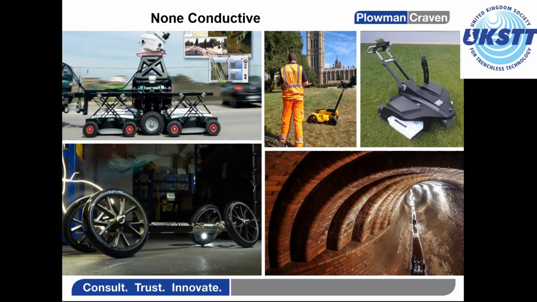Finally, in the bottom left, Plowman Craven are one of 4 companies within the UK that can offer the gyroscopic reduct system. This service omits the need to enter a sewer and traverse in traditional methods. We've carried out surveys up to 15 metres below the surface with 150mm accuracy in regards to the centre line.